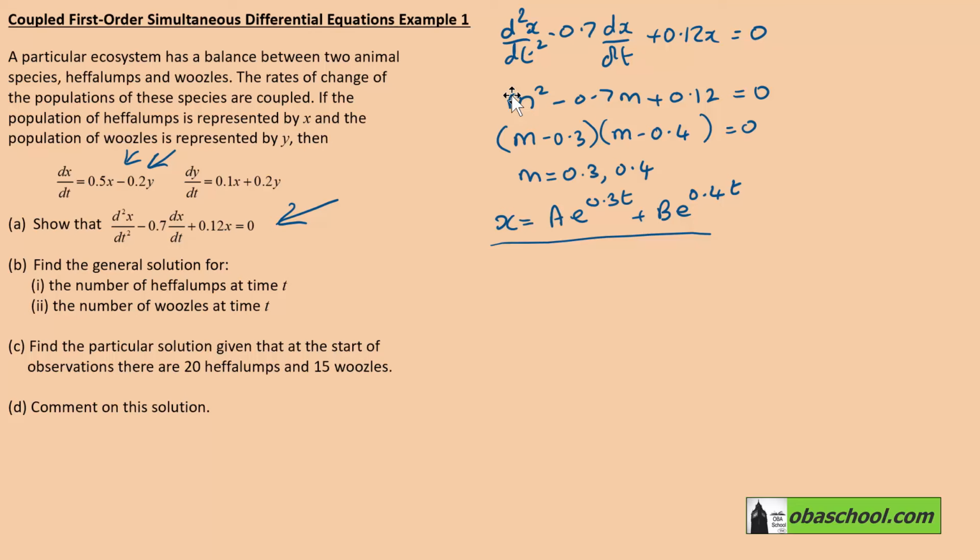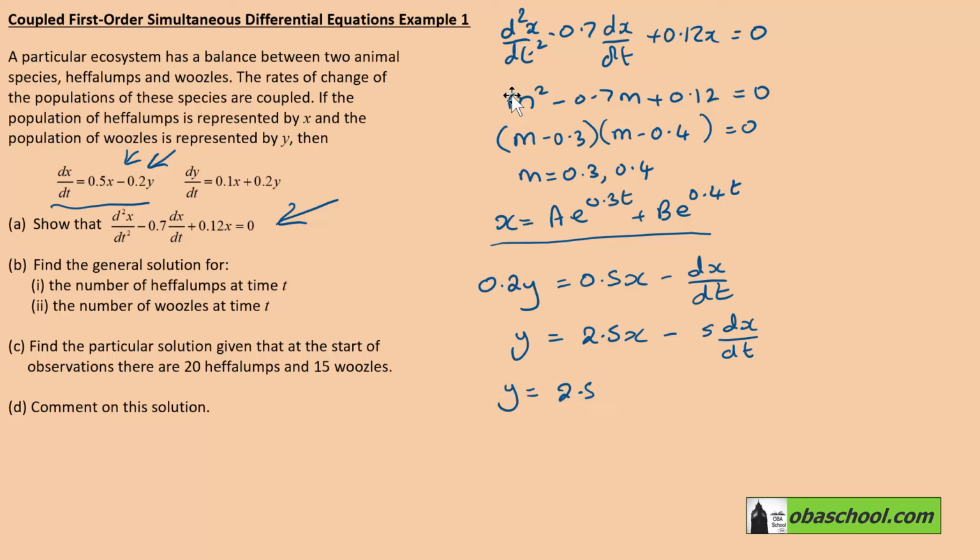Now we want y. Now coming back here, 0.2y is equal to 0.5x take away dx/dt. Multiplying through by 5 gives me y is equal to 2.5x take away 5 dx/dt.